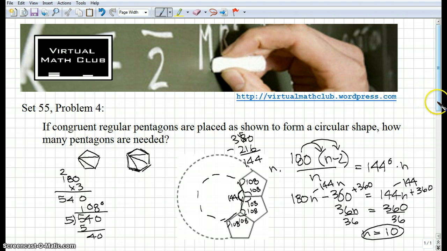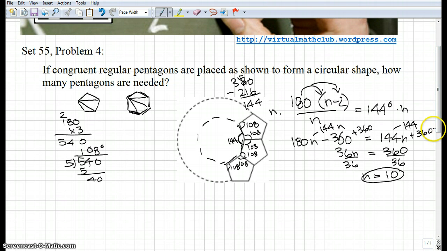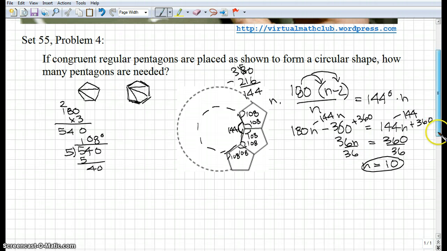So that's one way to do it. Like any of these problems, there's multiple ways to do it. One thing is that you might be thinking about the exterior angles of this polygon in the middle. And you know that the exterior angles have to add up to 360 degrees.